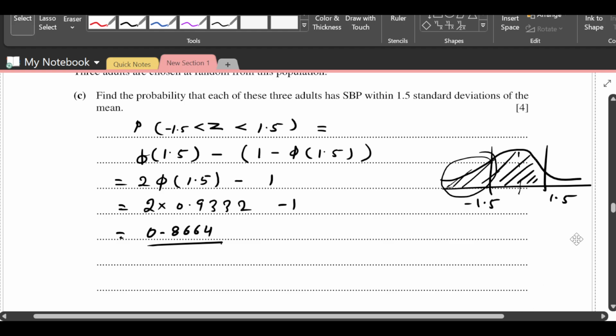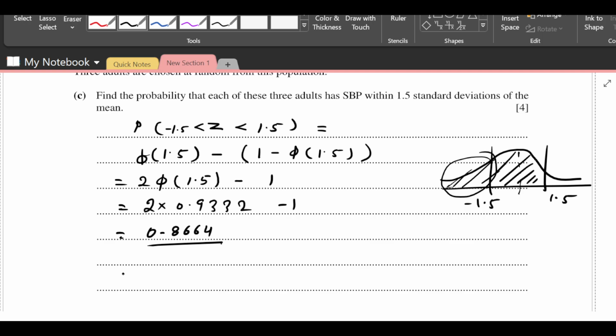So here, find the probability that each of these 3 adults has SBP within 1.5 standard deviation.